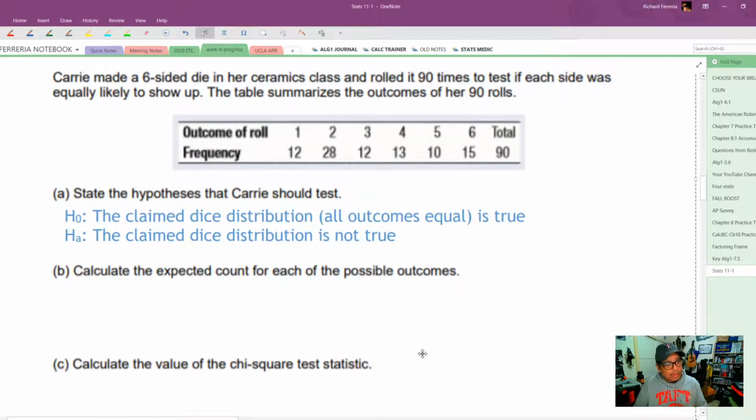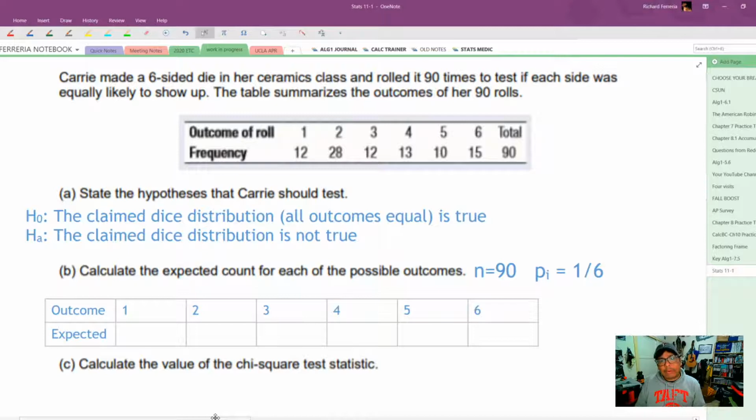So, letter B. Let's calculate the expected count for each of the possible outcomes. Well, we see that she rolled the die 90 times, so n is equal to 90. If this is a fair die, then all the probabilities are the same, and for a 6-sided die, that would mean that the probability is 1/6.